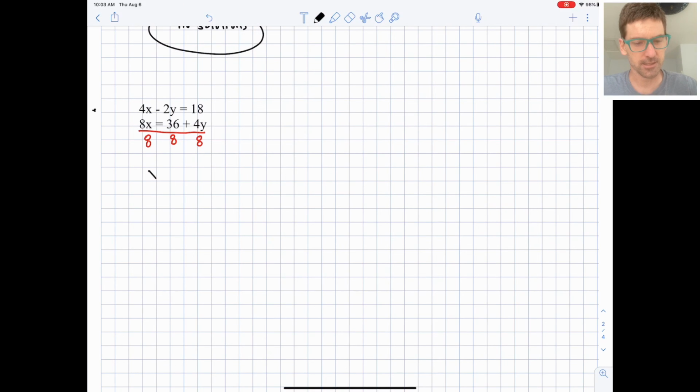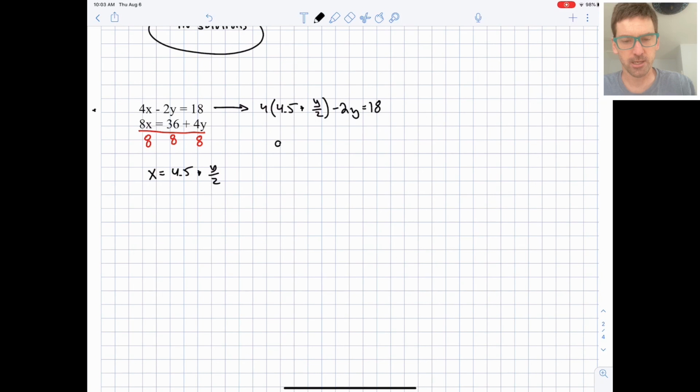We have x is equal to 4.5 plus y over 2. All right, so let's go ahead and substitute into my first equation. We're going to substitute that in: 4 times what we now know x to be, 4.5 plus y over 2, minus 2y equals 18.